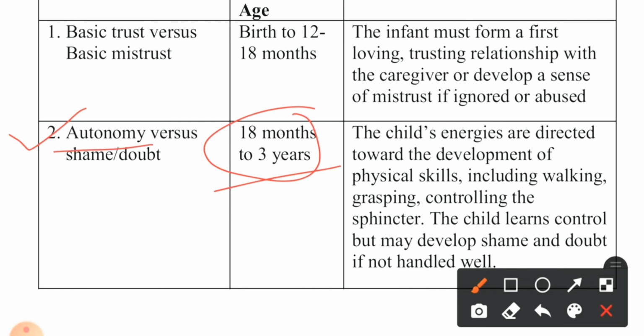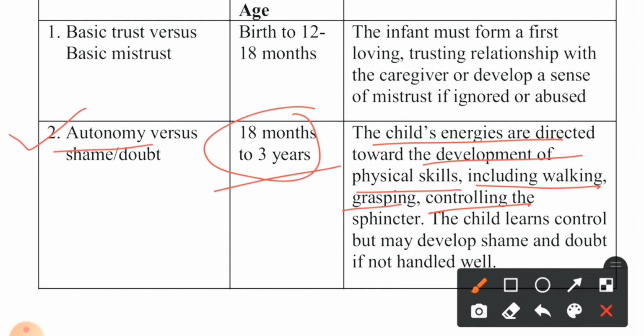The child's energies are directed towards the development of physical skills, including walking, grasping, and controlling the sphincter, which means development of the muscles. The child learns control, but may develop shame and doubt if not handled well.